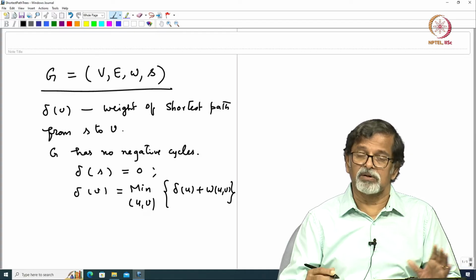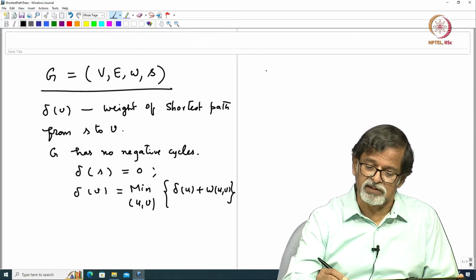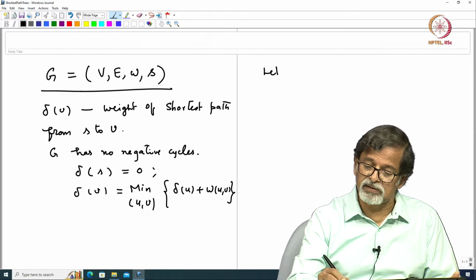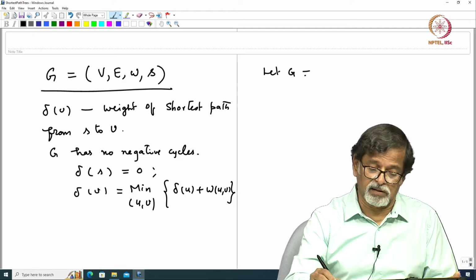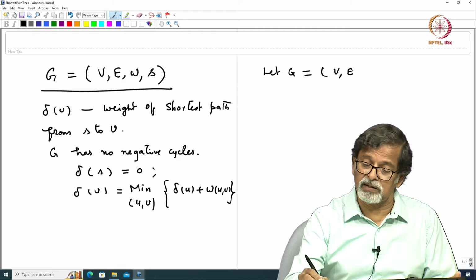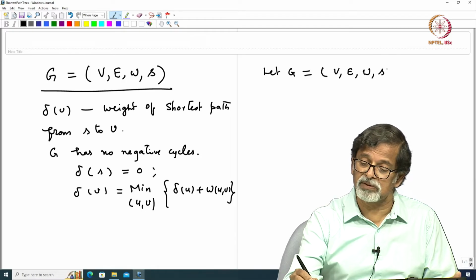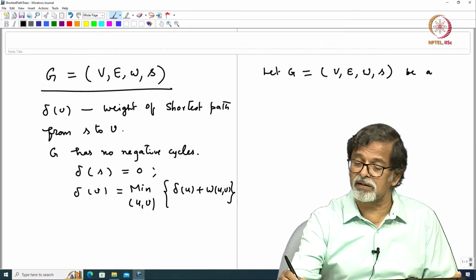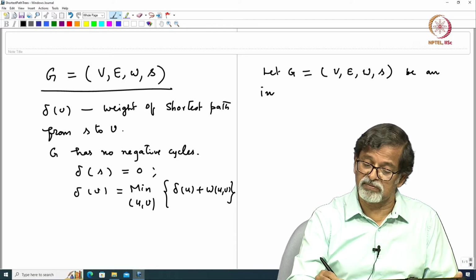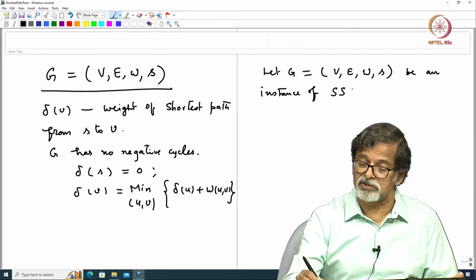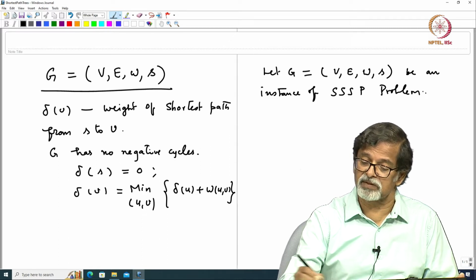Okay. To summarize, here is the theorem: let G equal to (V, E, W, S) be an instance of the single source shortest path problem.